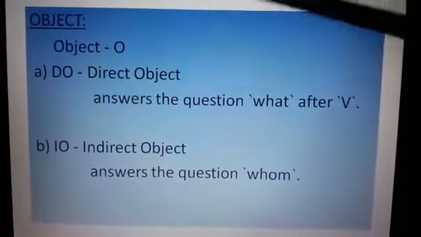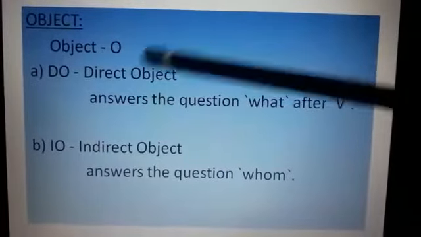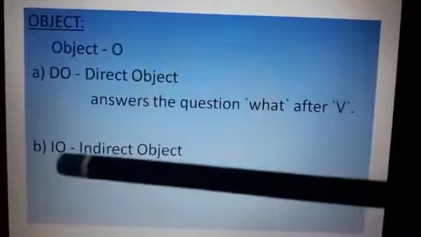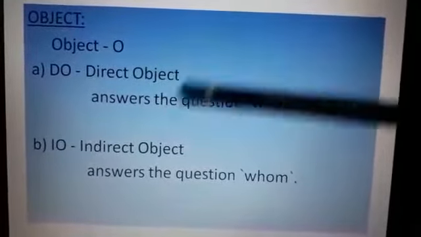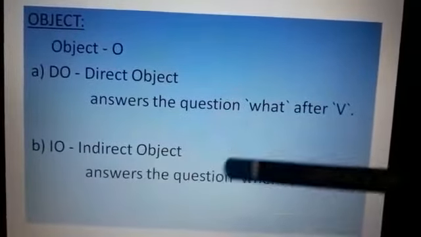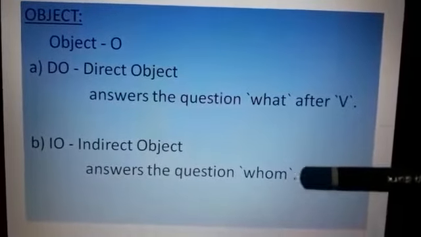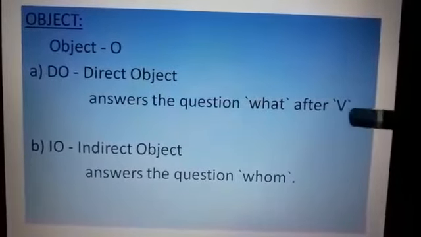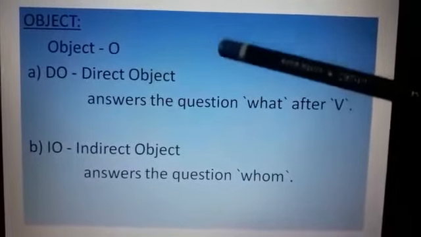Then object. Object is denoted as O. Objects are of 2: direct object and indirect object. A direct object answers the question what after the verb. An indirect object answers the question whom. If you ask the what question after the verb and you get an answer, that is the direct object.